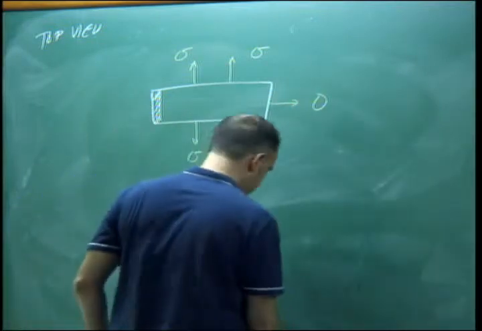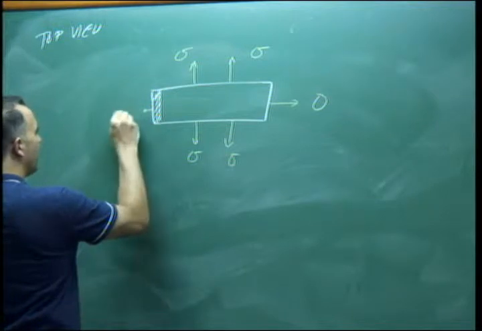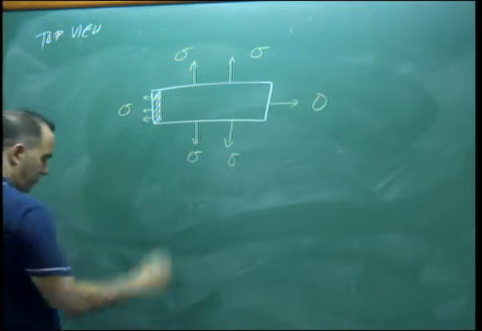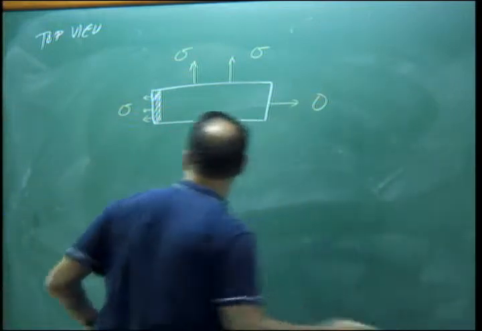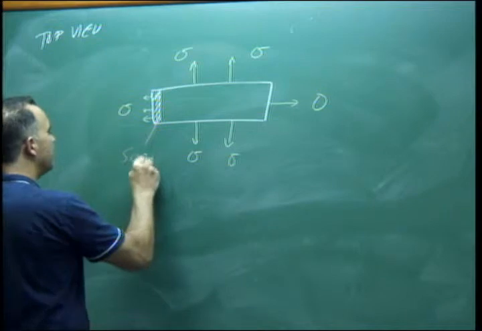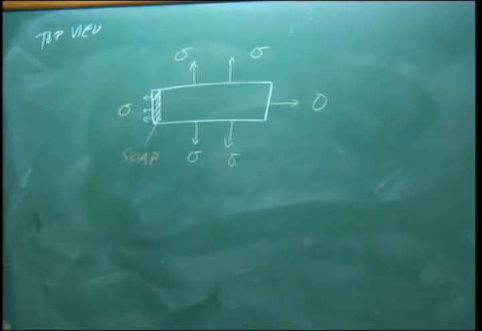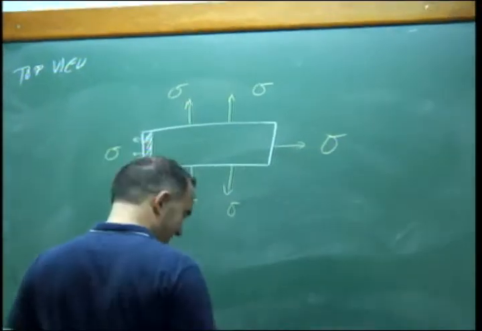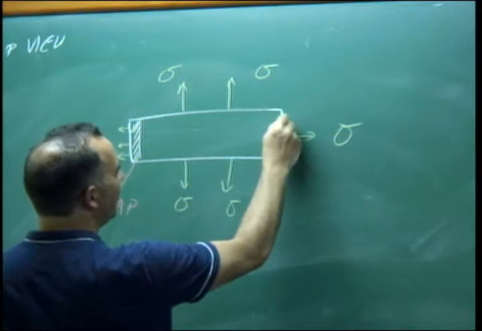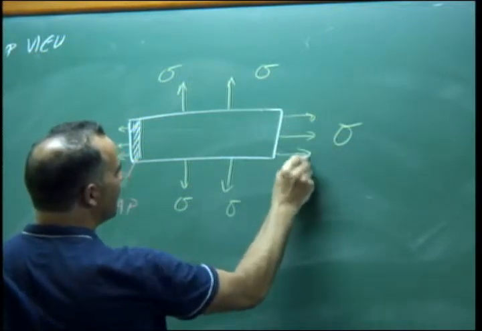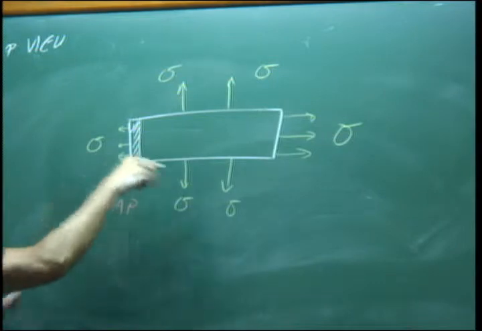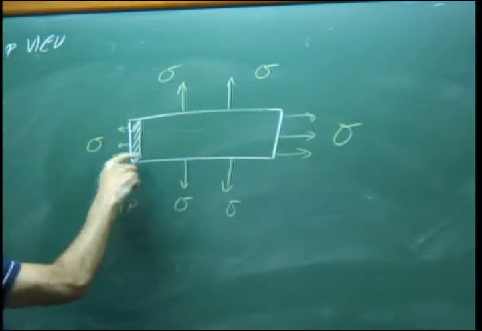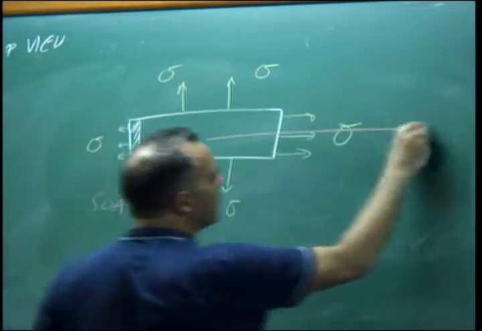But this is smaller, right? Because this is soap. That's right, it's soap, but you decrease it by about a factor of 3. So these are the same. So you basically have the surface tension everywhere the same, so there's no difference from this side, but the surface tension, so the force per unit length, is higher there than there. So as a result, the thing will move in this direction, right?